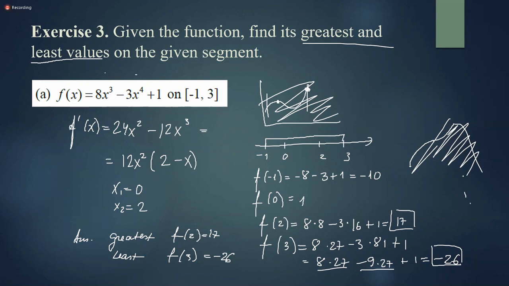And so we see that if we only consider x from this segment, from -1 to 3, then on this segment, the greatest value is 17, that's at x equals 2, and the least value is at 3, the right end point of the segment, and it is minus 26 for this function on this segment.